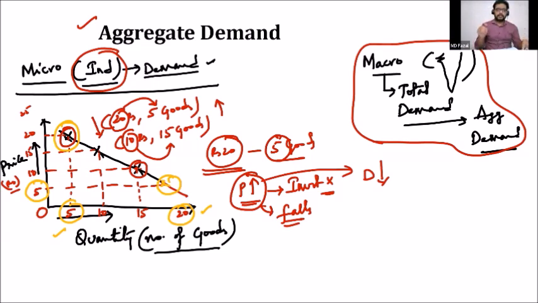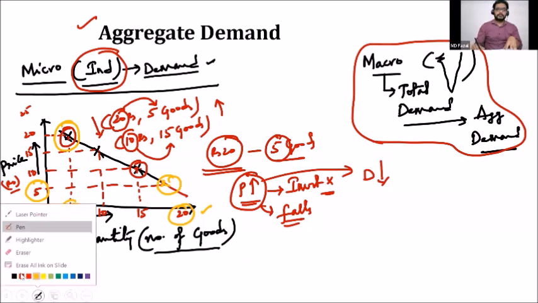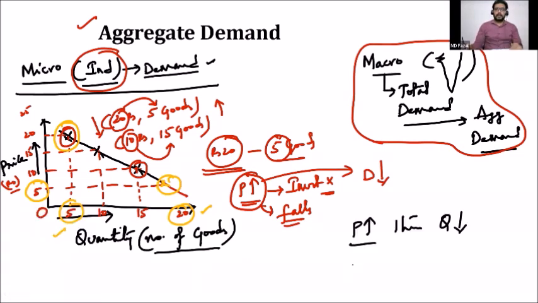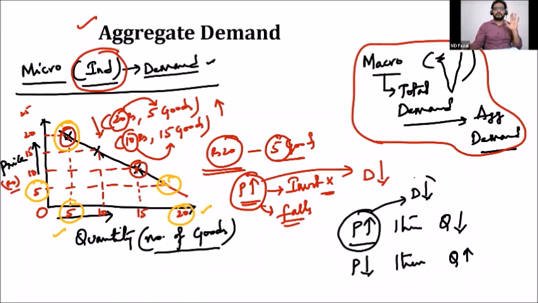So what impact will it create? When the prices increase, the quantity falls. And when prices decrease, the quantity will increase. When prices increase, people will think now the prices are very high, let us stop investing. When you stop investing, demand will reduce.